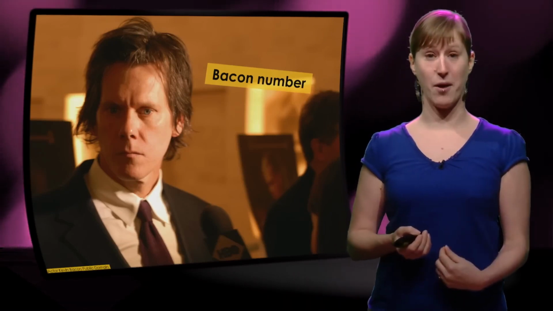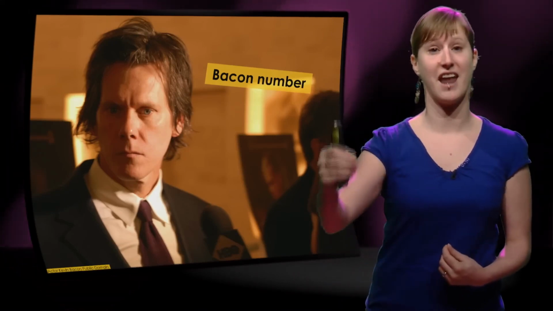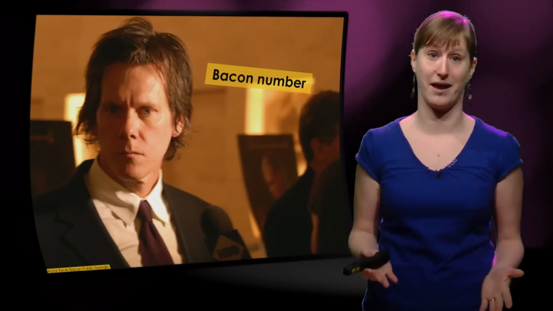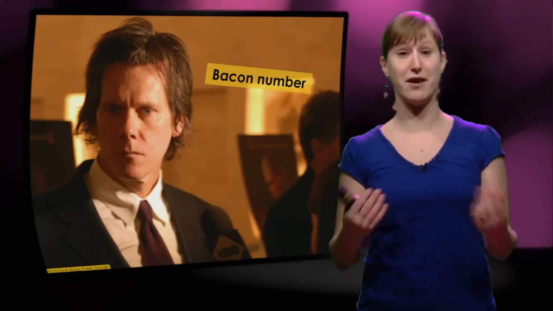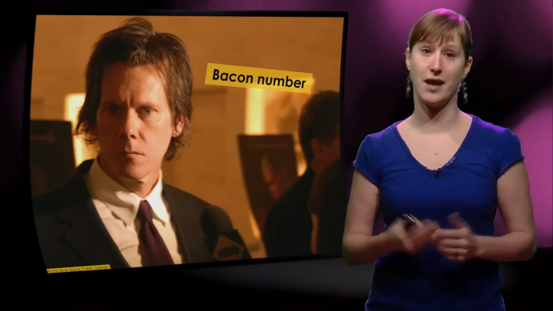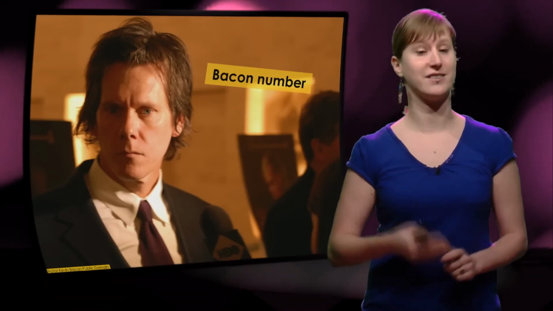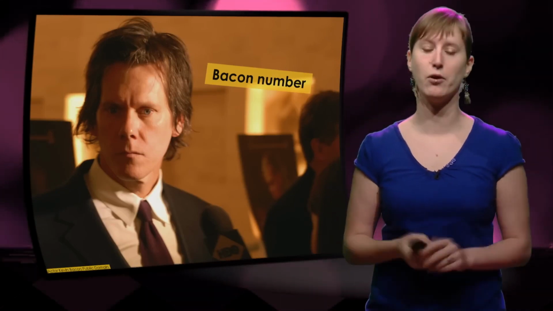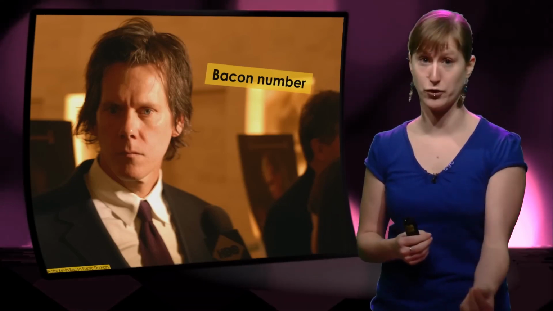An actor's Bacon number is the number of steps that an actor is removed from Kevin Bacon. So Kevin Bacon himself has Bacon number 1, and someone that has played in a movie with him, for instance Ed Harris in Apollo 13, will have Bacon number 2.